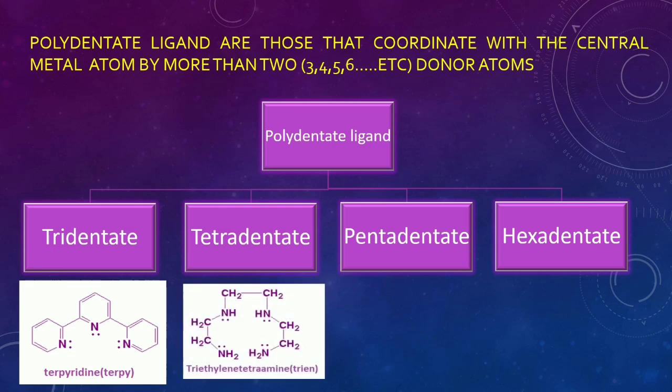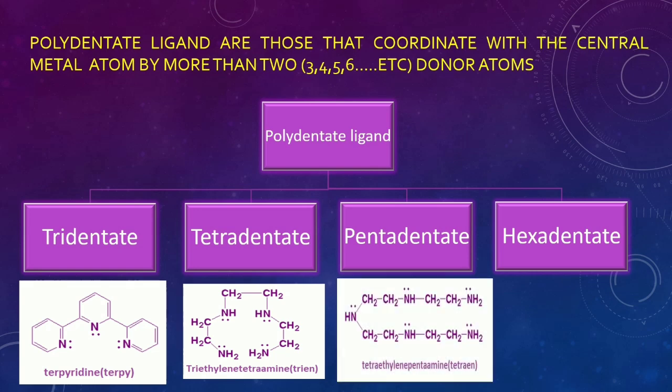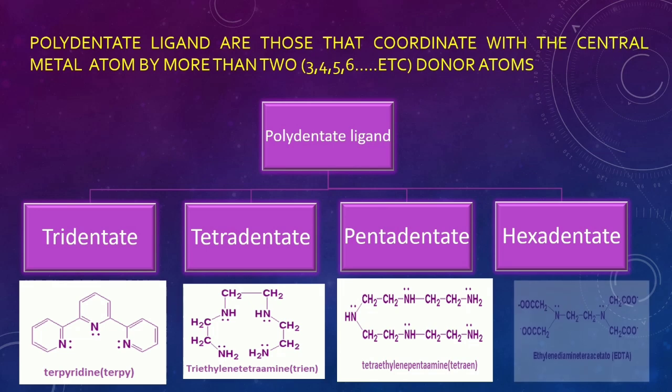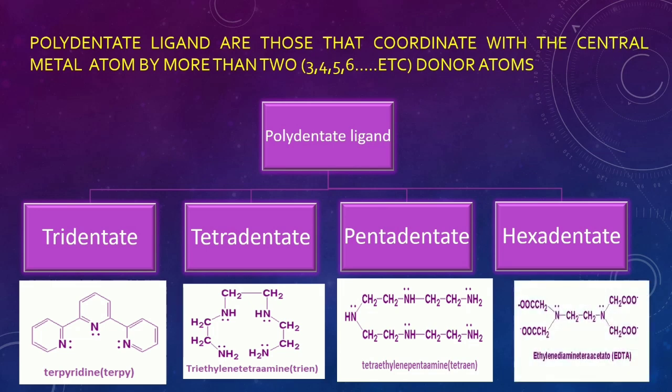Here, four nitrogen atoms are the donor atoms. Next, pentadentate ligand, which binds to the central metal atom through five donor atoms, and this is an example of a pentadentate ligand. And next, hexadentate ligand, which binds to the central metal atom through six donor atoms. Here, six donor atoms are available, thus it is considered a hexadentate ligand.